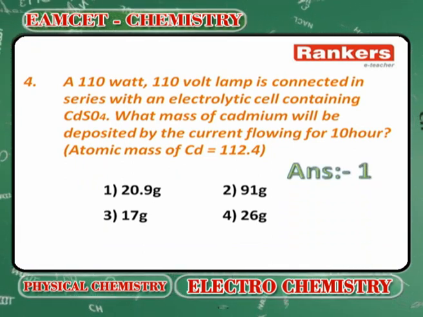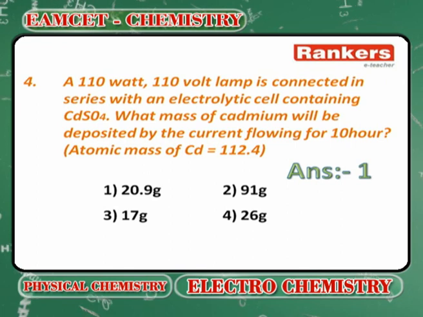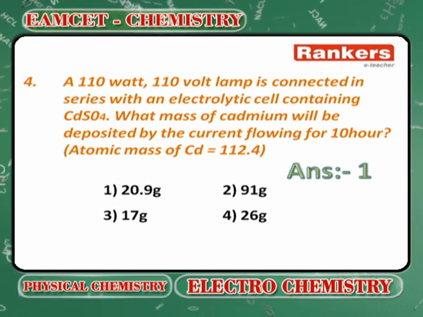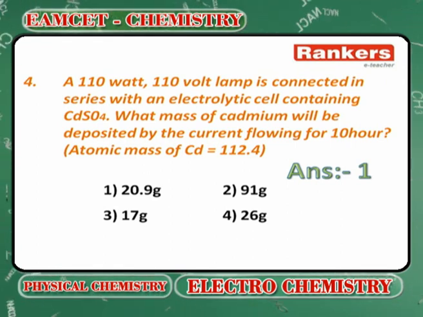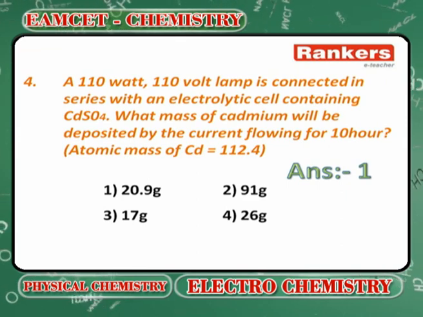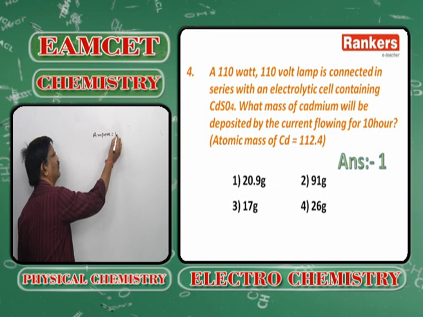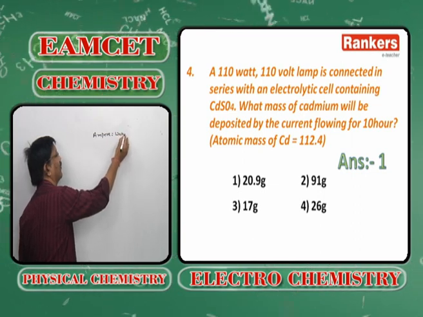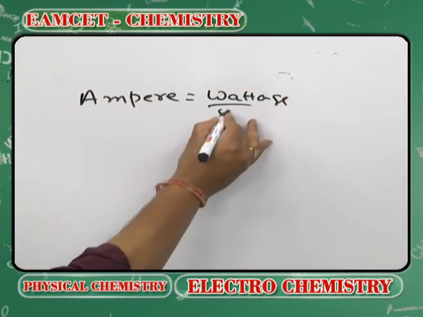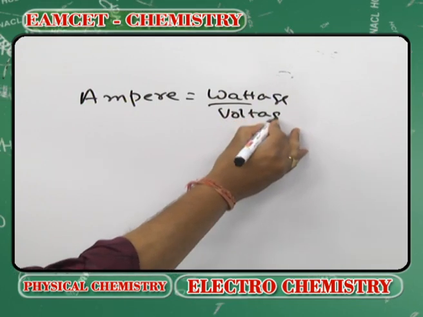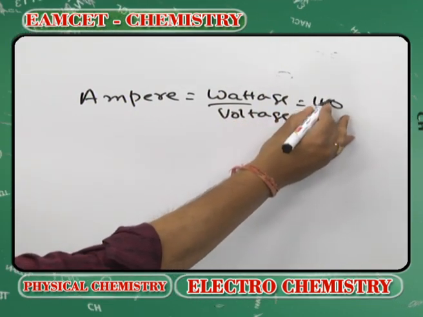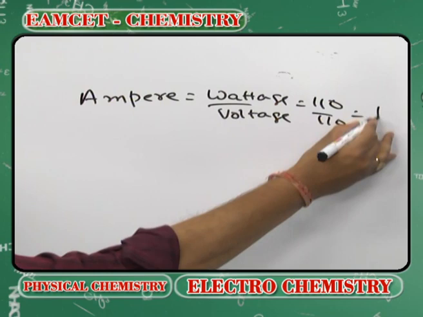Here, how do you get amperes? Watt by volt will give us the amperes. Strength of the current in amperes is equal to wattage by voltage. That will be equal to 110 by 110, which is equal to 1.